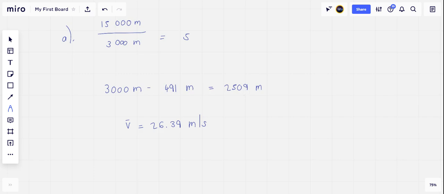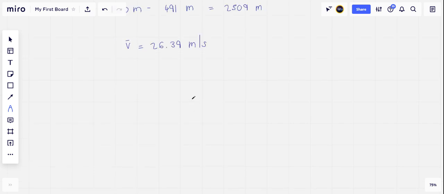The time for that 2,509 meters we get from delta x, which we know is the average velocity times delta t, v bar delta t, which means that the time at constant speed, we'll call it tc, is equal to delta x over the average speed v.